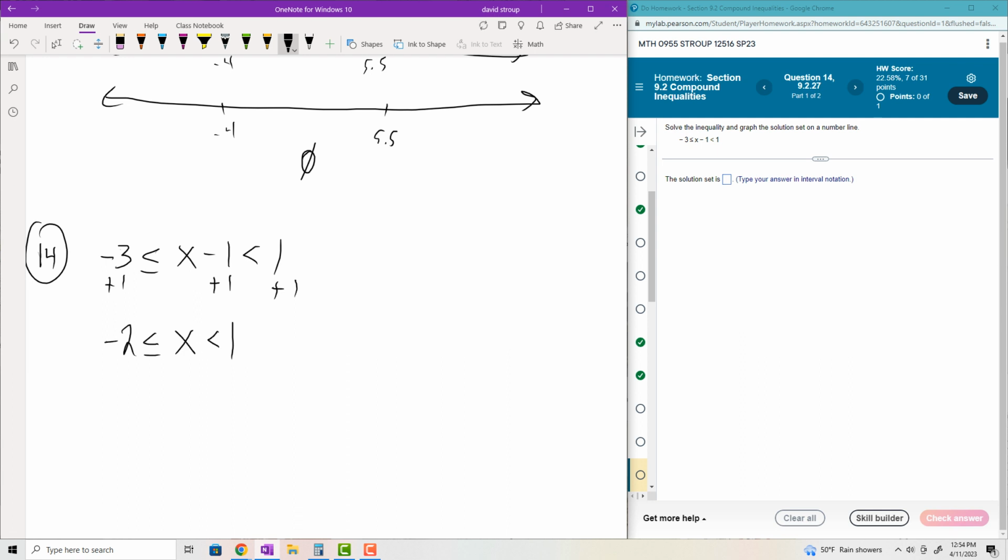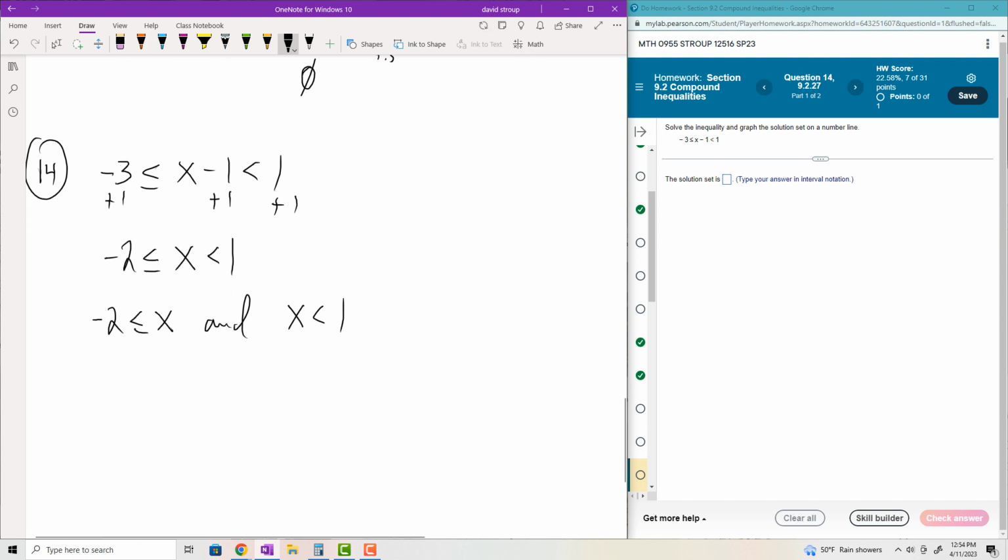Literally what this inequality says is that x is greater than or equal to -2 and x is less than 1. But we just smush it all together, and it's a little quicker to work with. Okay, so it's the same type of problem. It's an intersection problem, just like what we've been doing before. You need not draw all three number lines this time. You could just work with this inequality.